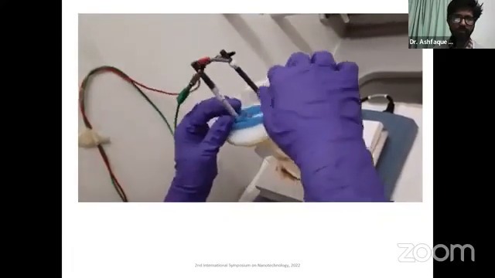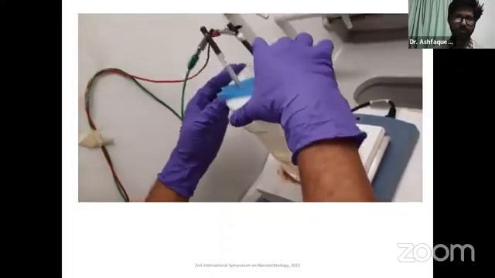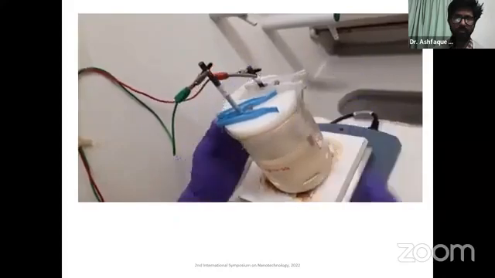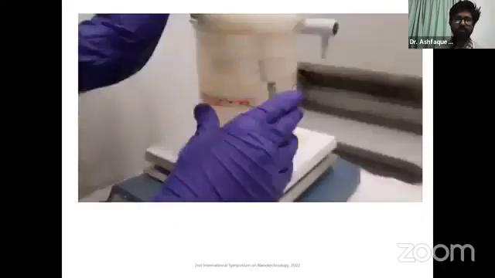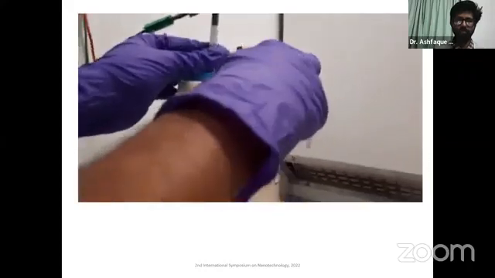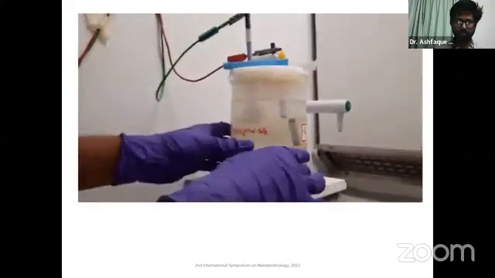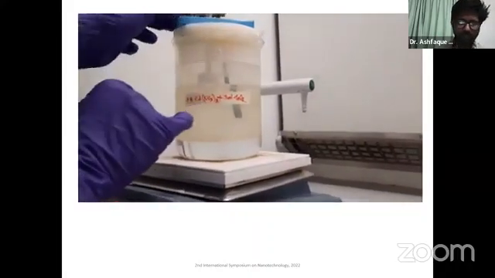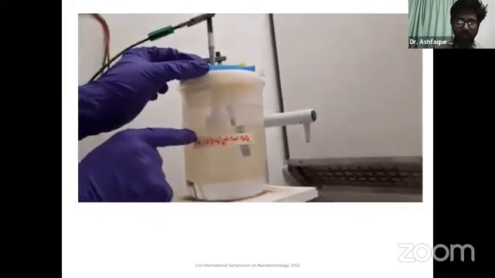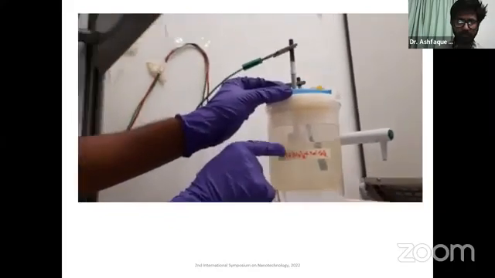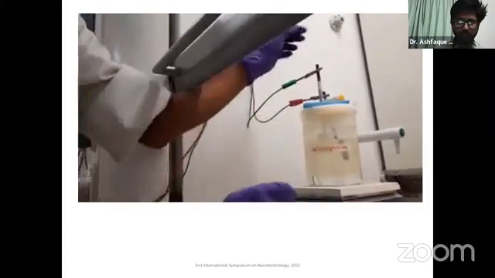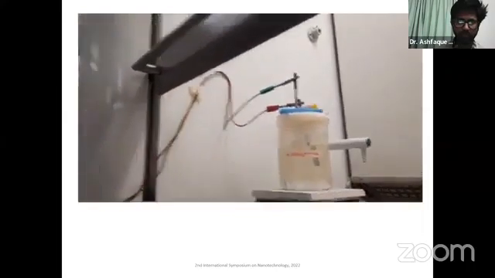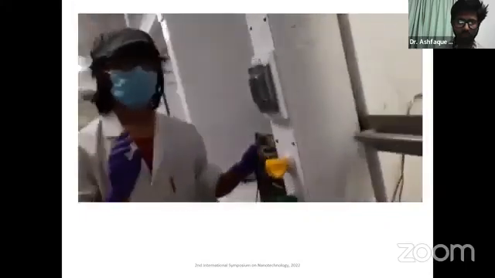The next thing is to make sure that both electrodes are touching the electrolyte properly. If you can see here, maybe from this side, this is the cathode, which is connected to the sample, and this is our anode, which is submerged inside the electrolyte. And then we are going to fix the voltage.